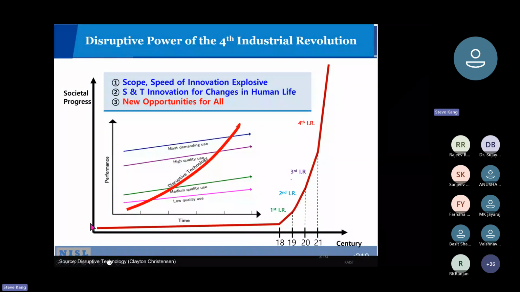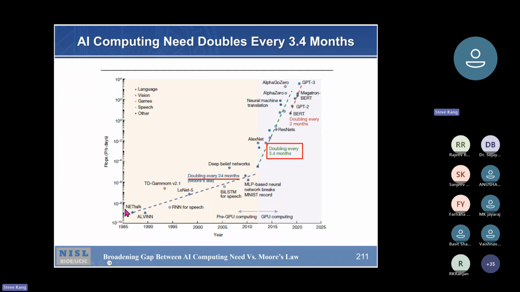His prediction was that the first industrial revolution made progress, and then the second industrial revolution was steeper, the third steeper, and the fourth a gigantic jump with a very, very steep curve. So that's what is happening now.